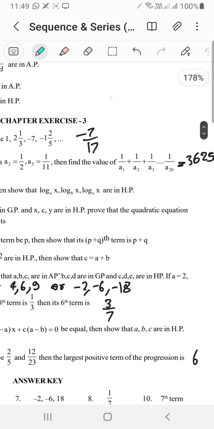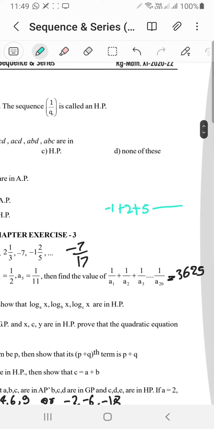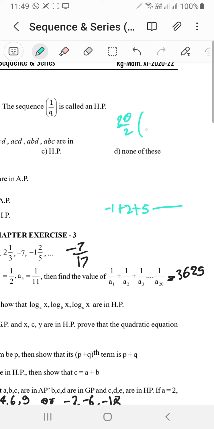It's like negative 1 plus 2 plus, I don't know, like plus 5, so on, right? How many of these? 20 of these. So 20 upon 2 into 2a minus d, so it's like 20 of the, oh no, I put 50 instead of 20. That's the whole problem.